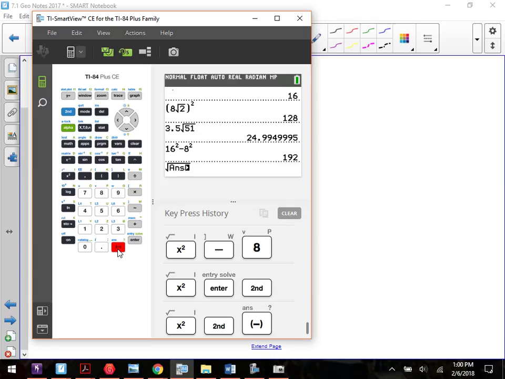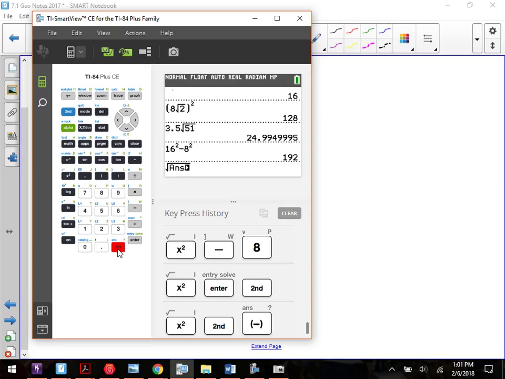Remember how we've used the answer button pretty regularly up to this point? There's an answer button. Joe, come on, put that away. The answer button is used for the last time something has been entered. That way you don't have to re-enter stuff. So if you type in the square root of 192, what does it simplify out to be?